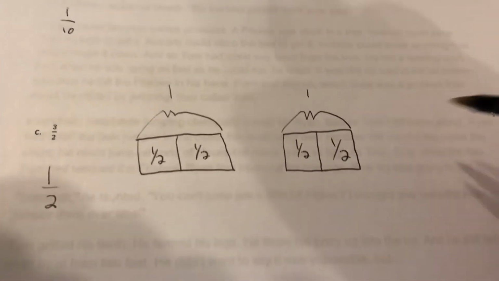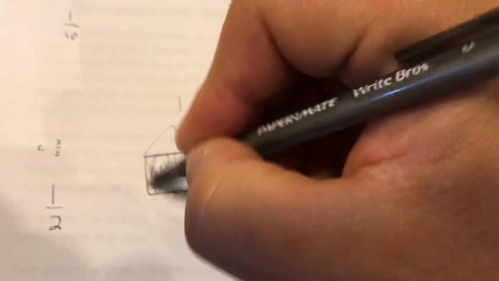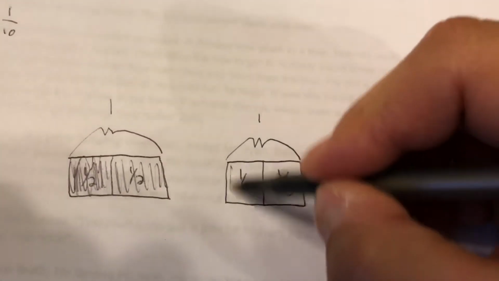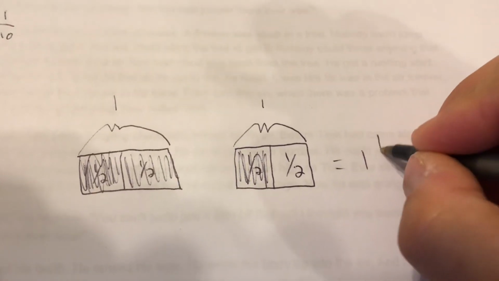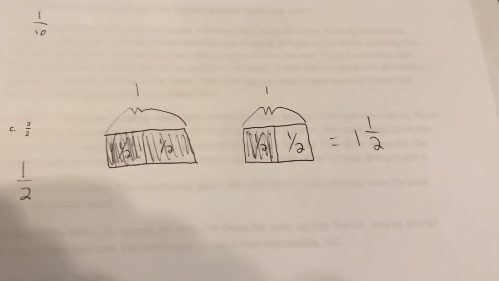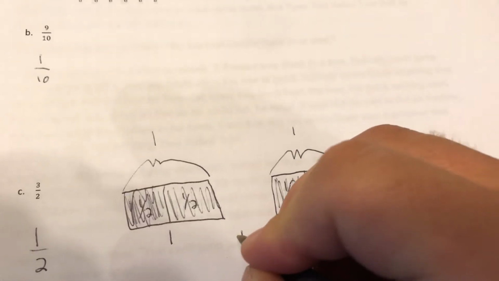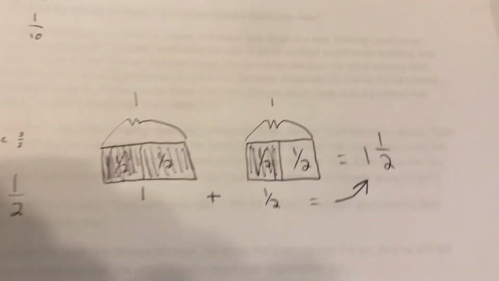Now we know that is also equal to, if I shade a little bit, 1/2, 2/2, 3/2. That equals 1 and 1/2 because 2/2 makes 1 whole, and then over here I just have a half. So 1 plus a half equals 1 1/2.